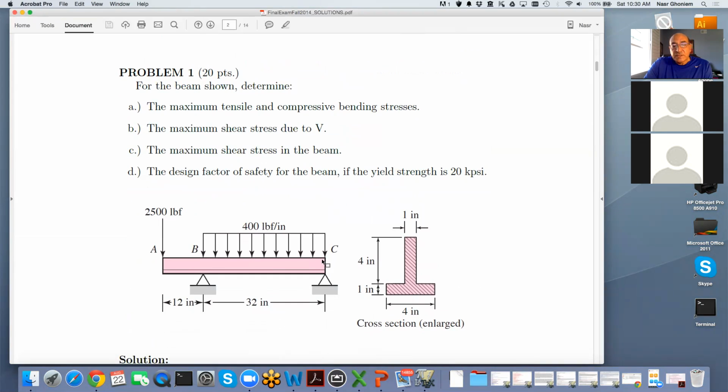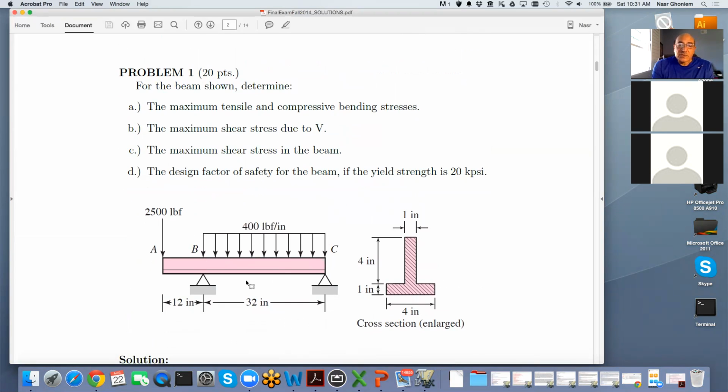You have a distributed load, 400 pound per inch. You have supports. In this case, they are simple supports. We don't have additional constraints. Otherwise, it will take longer to solve.